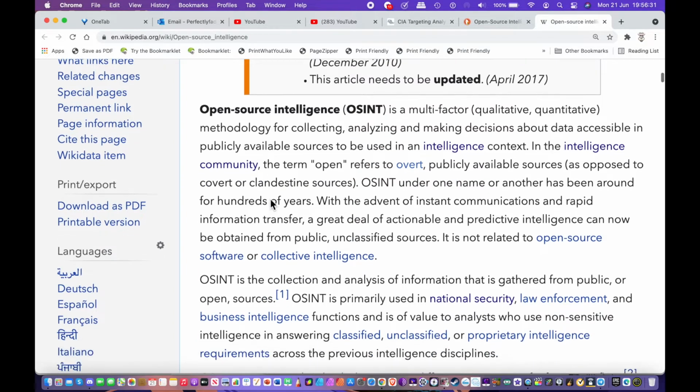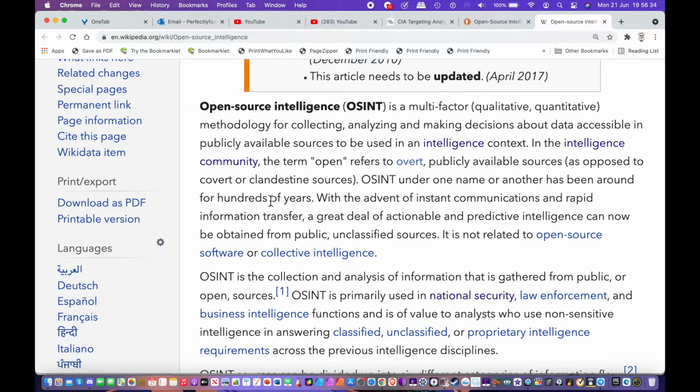In the intelligence community, the term open refers to overt, publicly available sources, as opposed to covert or clandestine sources.